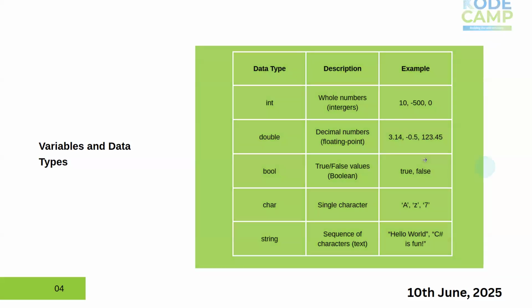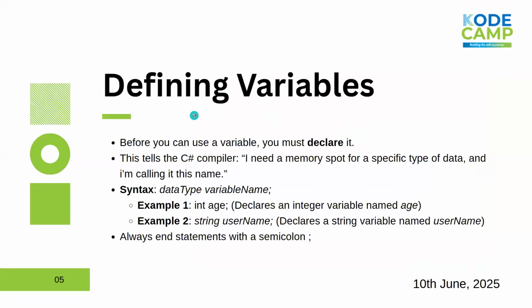All right, let's proceed. Defining variables. These are the steps you take when trying to create a variable. It follows a procedure. Before you use a variable, you must declare it. And how do you declare?